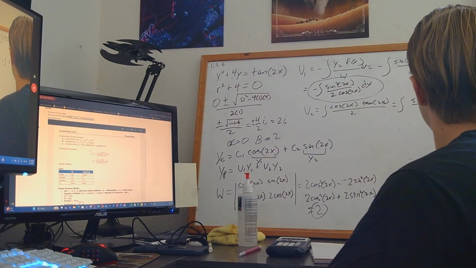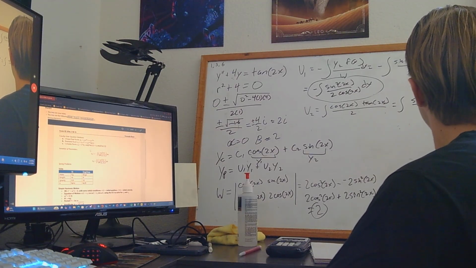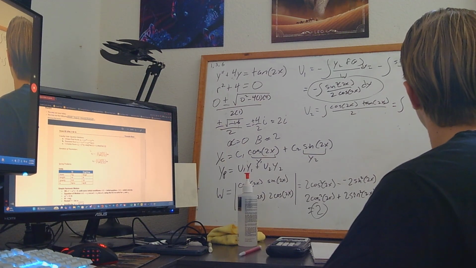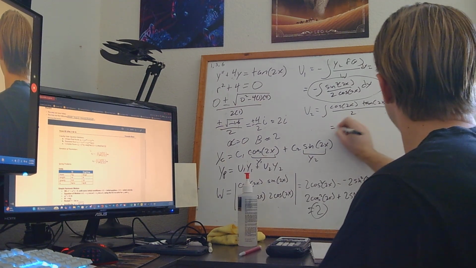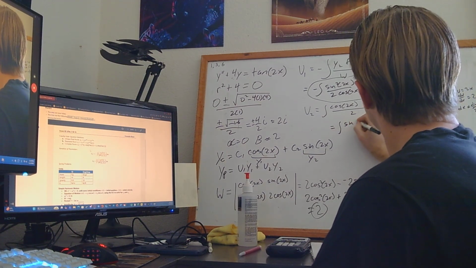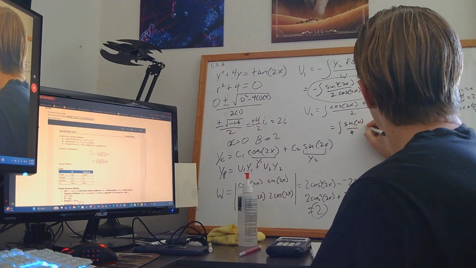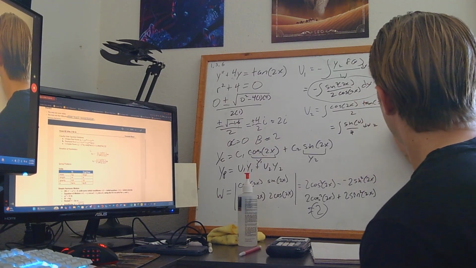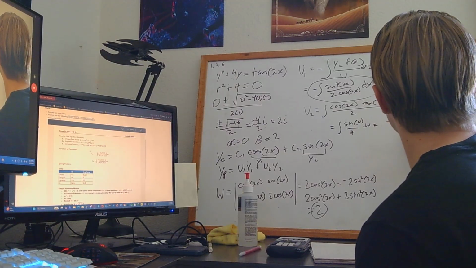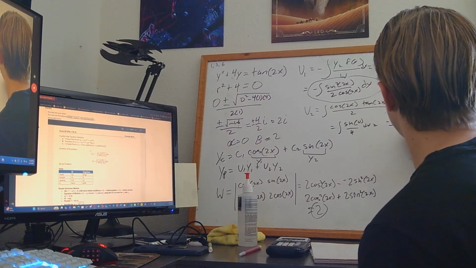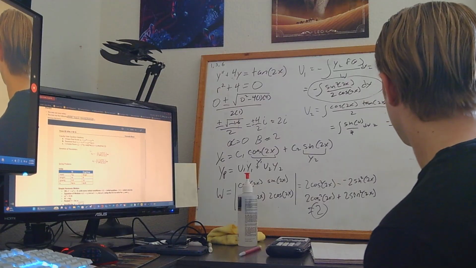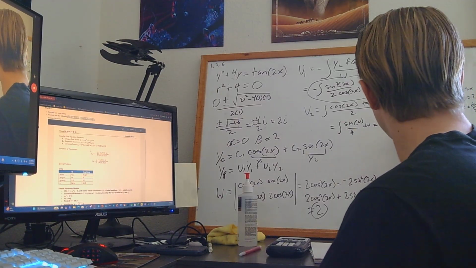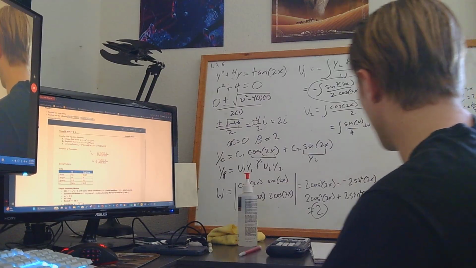So it's 2x. Okay, so equals sine u over 4 equals, what is that? Minus cosine, resubstituting 2x over 4, right? Yep, okay. So that's u2 right there.